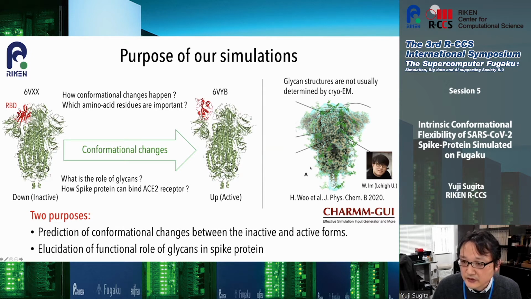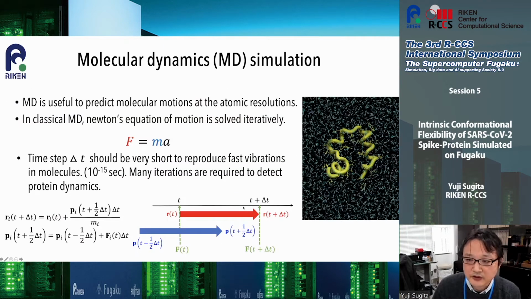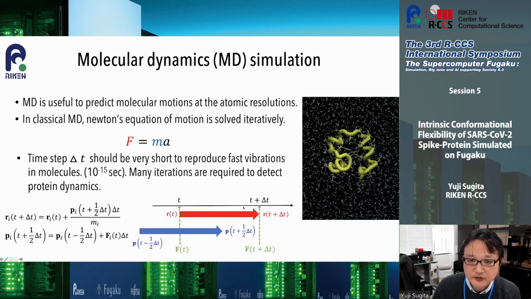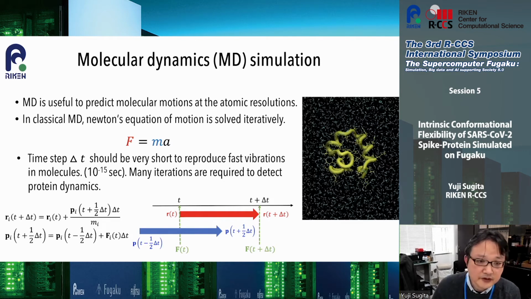So in these figures, Wonpyo Im at Lehigh University in the US and his team built the glycans based on the mass spectroscopy data. So by using MD simulation, we'd like to answer these two questions to some extent.